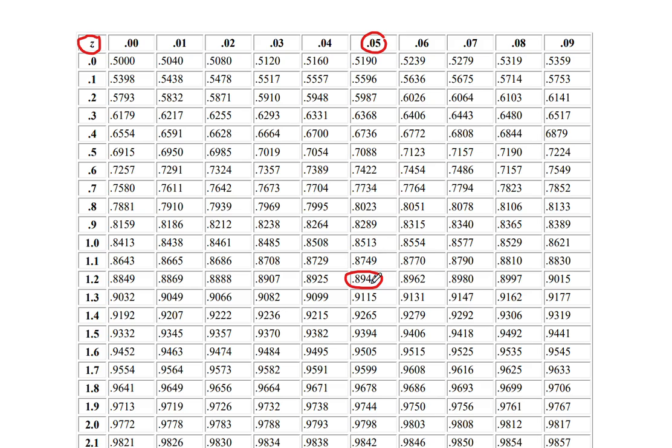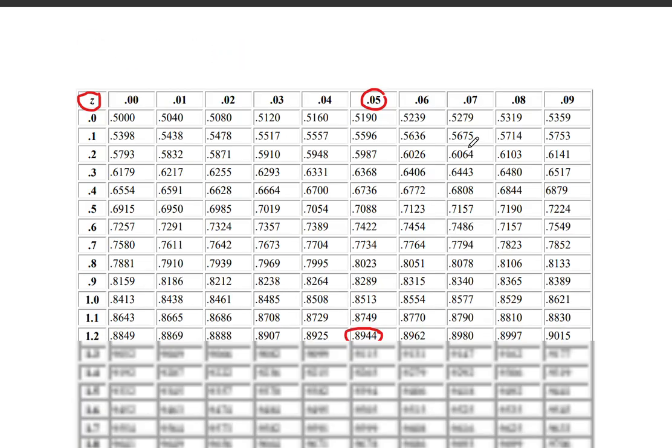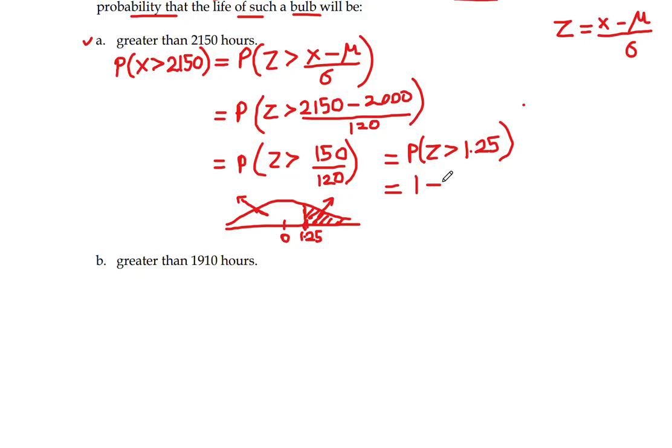And the probability reading at the junction here, 0.8944, represents the probability of the area to the left of 1.25.